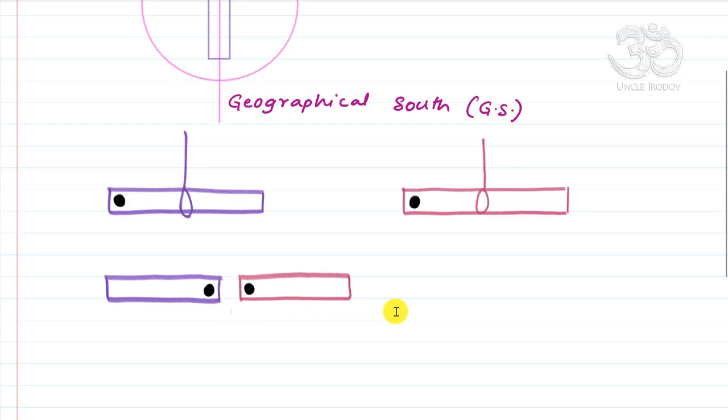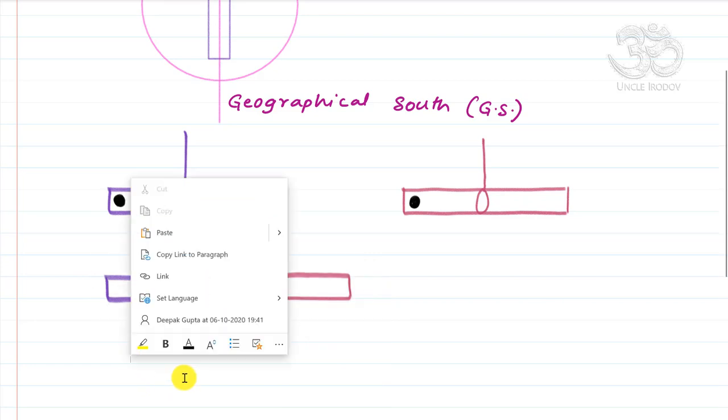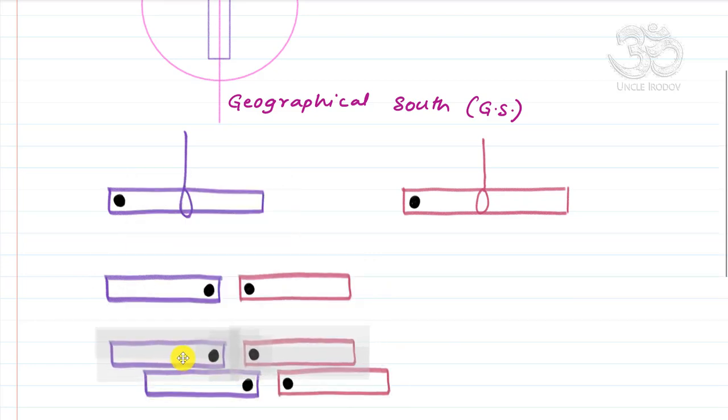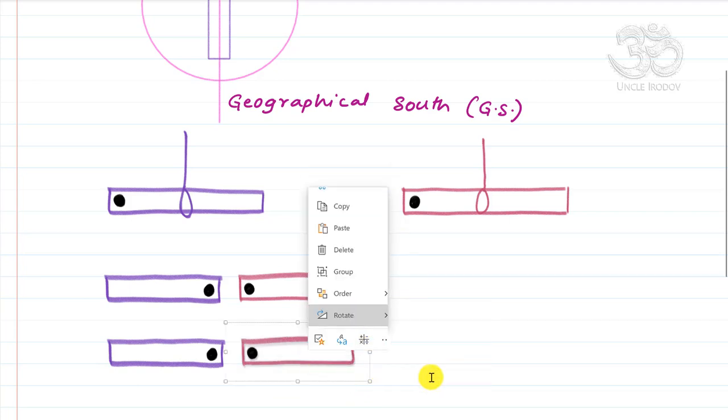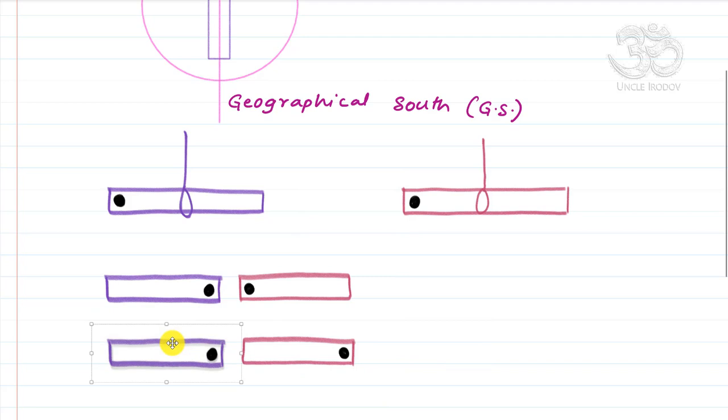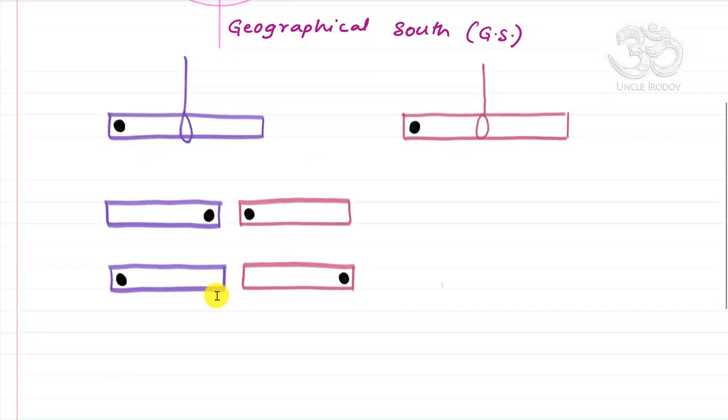You bring their non-charcoal ends together, like this perhaps, and they are again going to repel. So in the first view, these guys repel. In the second view, these guys repel. And then if you bring their unlike poles together, they will start attracting each other.